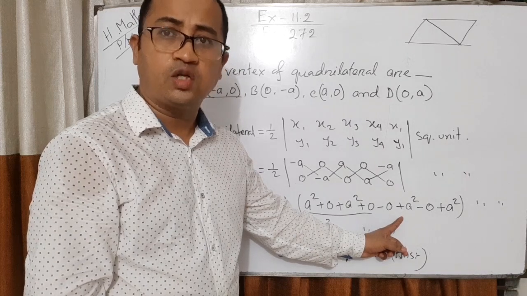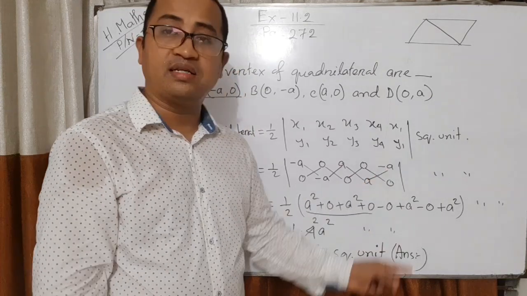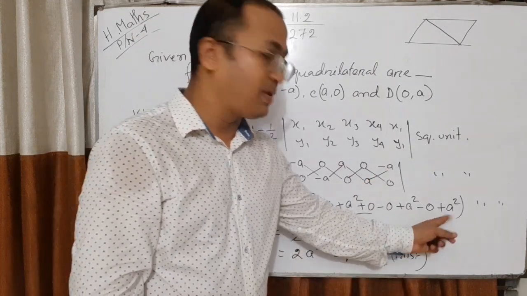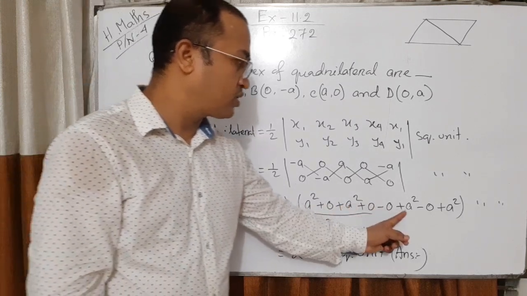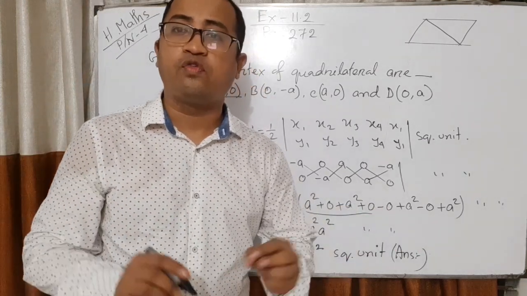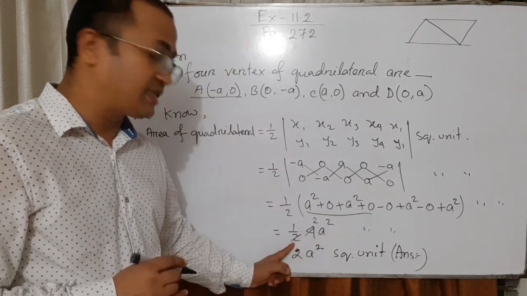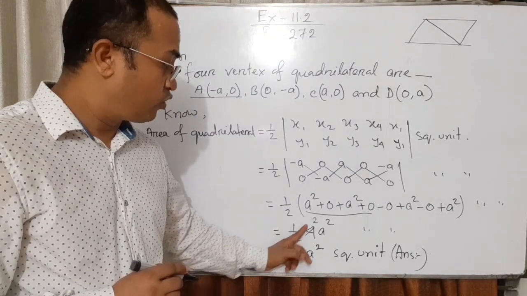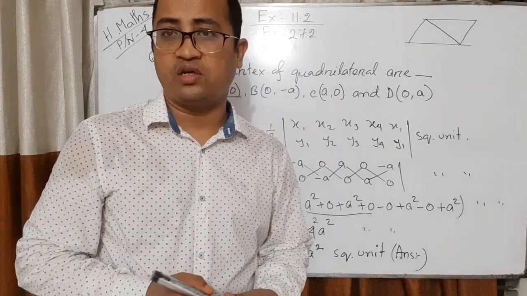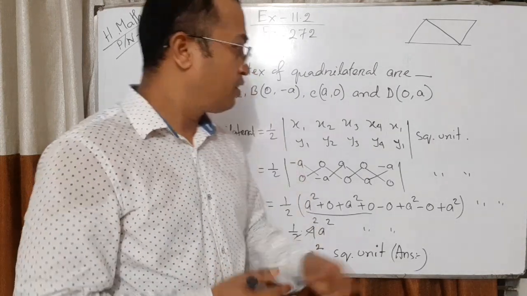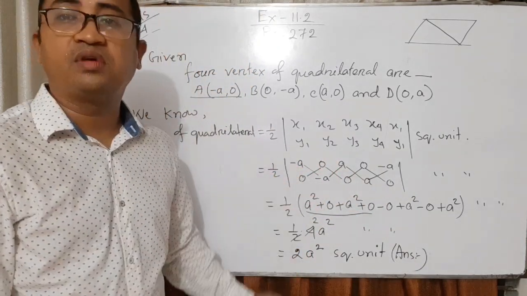Minus into minus is plus. Again 0 times 0 minus 0, a times minus a square becomes plus a square. Look, there is a square, a square, a square, a square: 4a square, all positive. Now cancel with the 2, and we get 2a square. So 2a square square units. You must write the unit, otherwise the teacher will deduct your marks. Square units. So this is the area of quadrilateral ABCD.